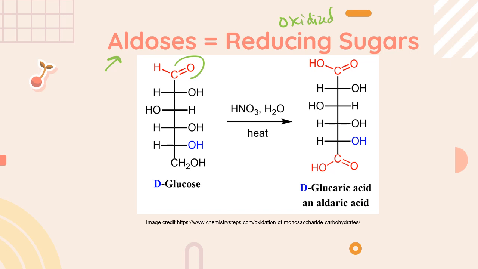So notice that the carbonyl group here can be oxidized using some nitric acid and some water to form a carboxylic acid. So we're going from aldehyde to carboxylic acid. This should sound vaguely familiar to you because a long time ago we definitely talked about the oxidation of primary alcohols. And if we distill out the product, we have an aldehyde, like that one right there.